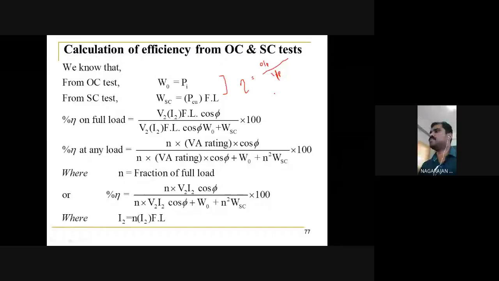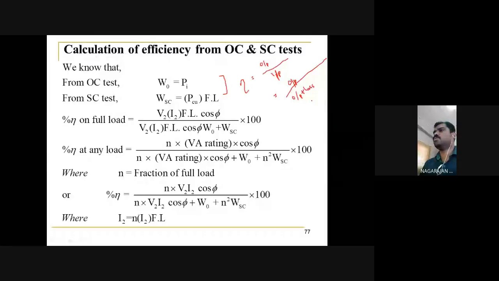The input is further defined as output plus losses. So we can write the input as output plus losses.